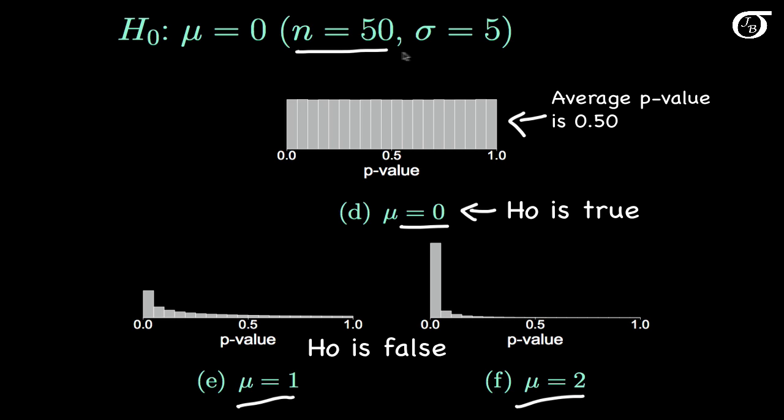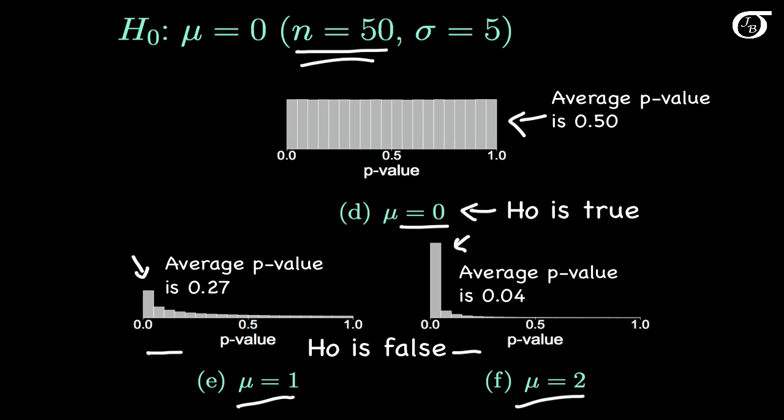But because of the increased sample size, down here when the null hypothesis is false, the p-value distribution has shifted even farther towards 0. Over here, the average p-value is now 0.27, and over here, the average p-value is now 0.04. When we have a greater sample size, our tests are going to have greater power, and the distribution of the p-value is going to be shifted more towards 0.